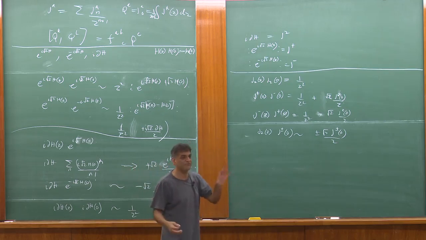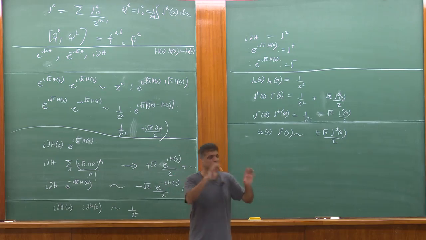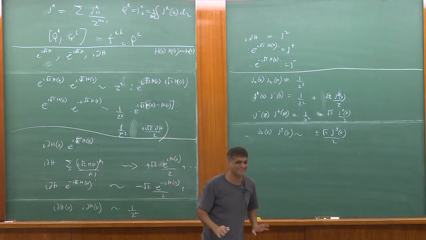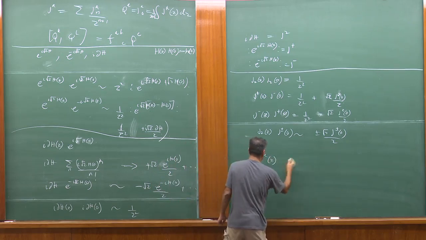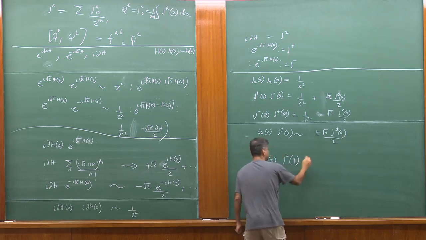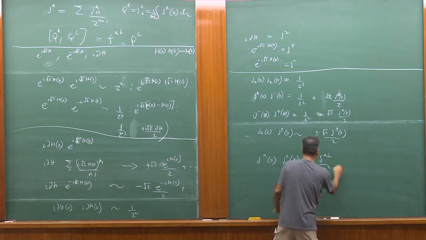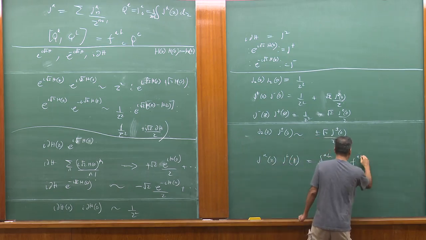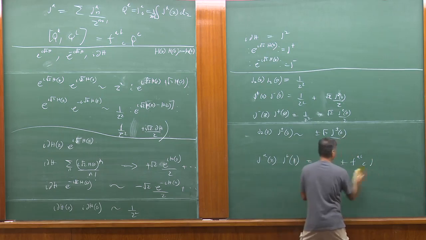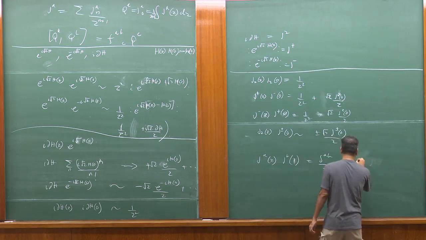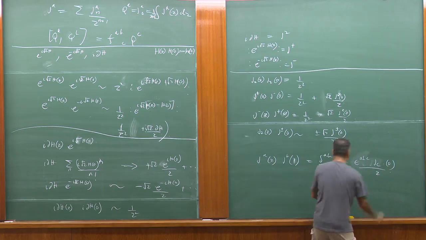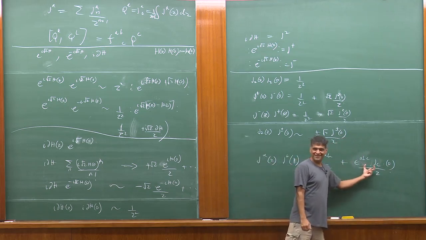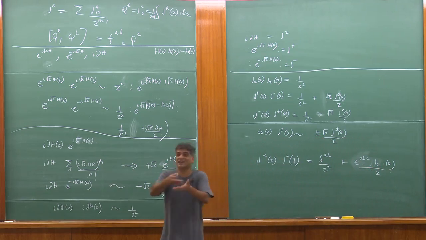But up to some factors of 2, if we define Jx as J plus plus J minus by 2, and Jy as J plus minus J minus by 2i, with the right factors of 2, this will turn into Ja of z, Jb of 0 is equal to delta ab by z square plus epsilon abc Jc of 0 divided by z, where this epsilon is the structure constant for the SU2 algebra.